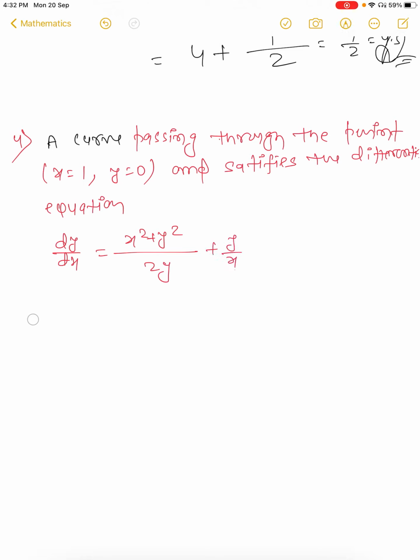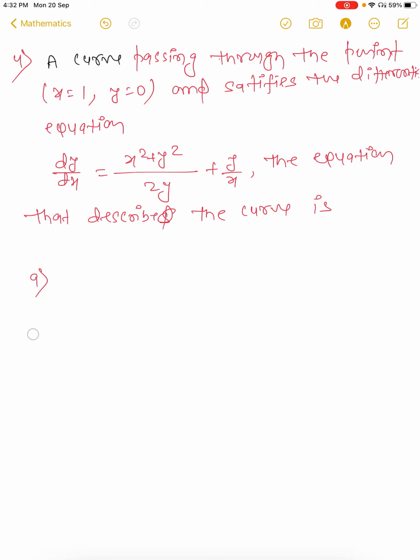The equation that describes the curve is: option A, ln of 1 plus y square upon x square is equal to x minus 1.